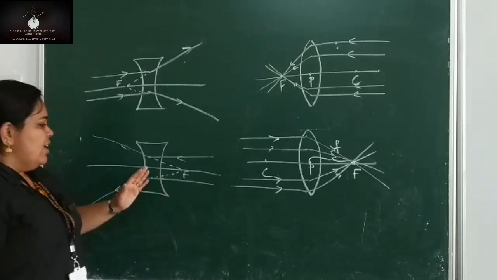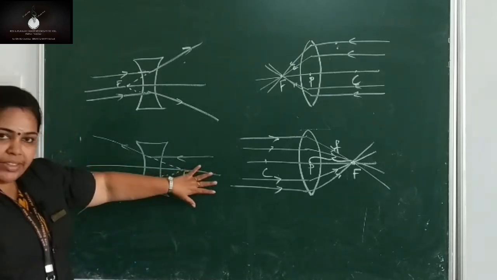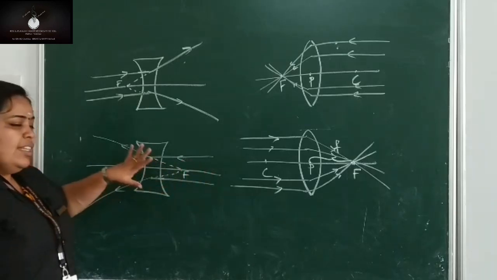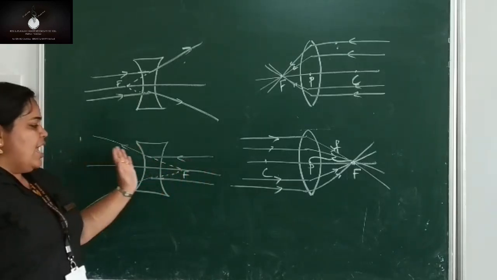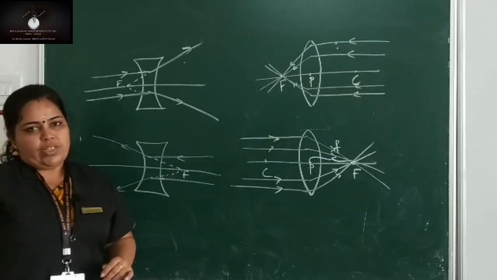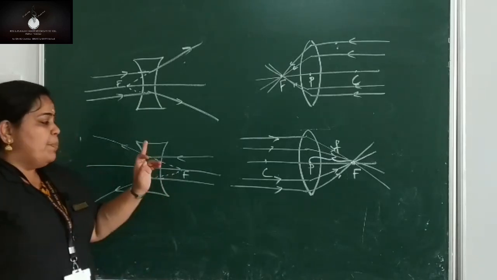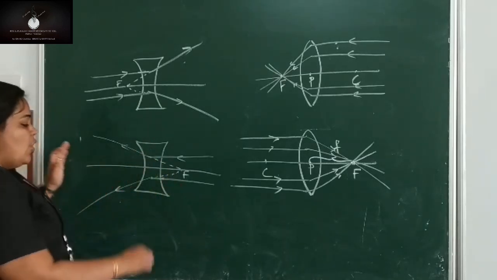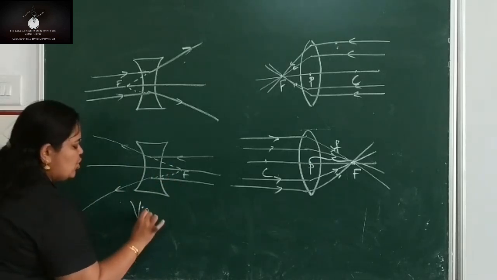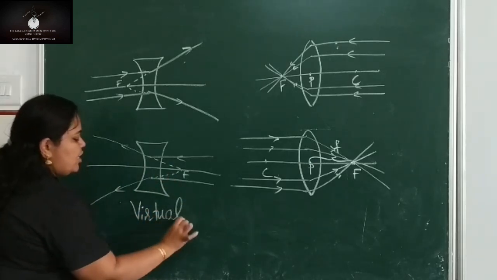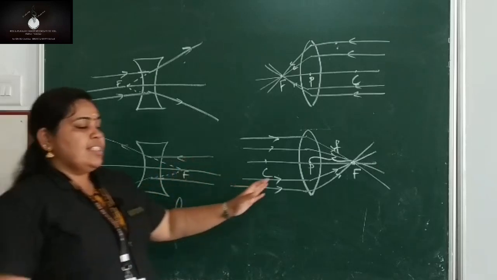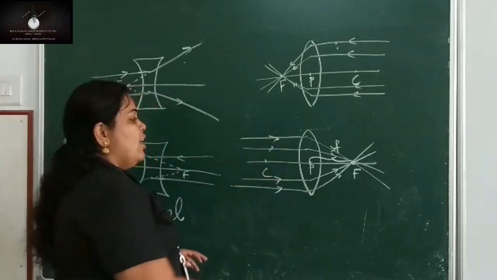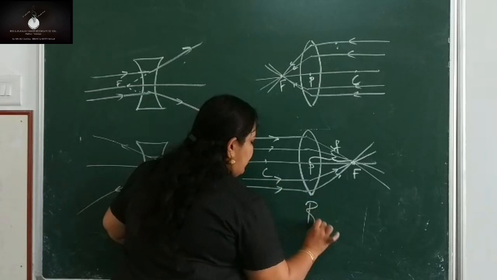The same way, the light ray that is entering from the other side also diverges as if it is coming from the focus. So we can tell the principal focus of a concave lens is virtual. We cannot see it. Okay, whereas the principal foci of a convex lens is real.